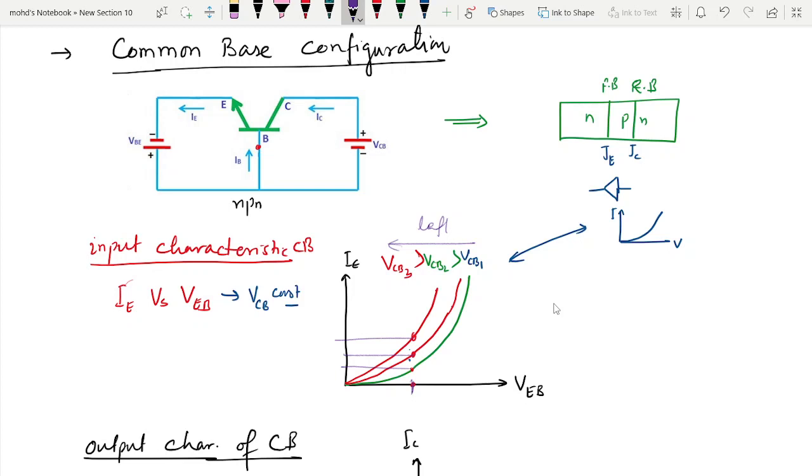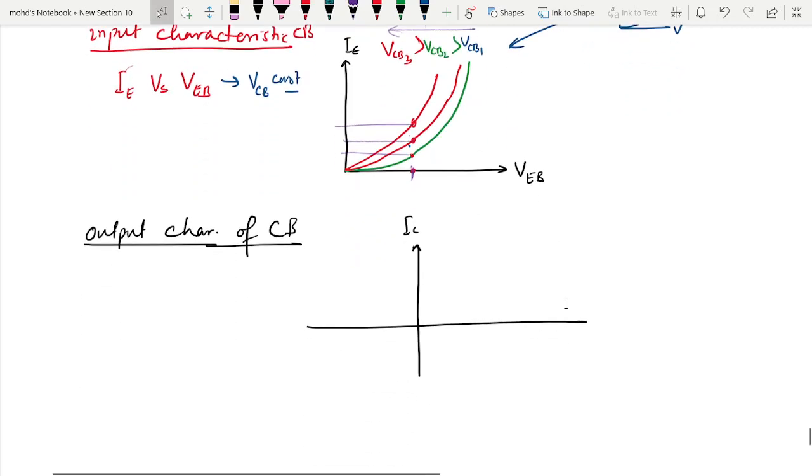Now let's discuss the output characteristics. The output characteristics is basically a plot of output current IC versus output voltage VCB while maintaining the input current IE constant. IC represents the current through the collector junction, and VCB the voltage of the collector junction.